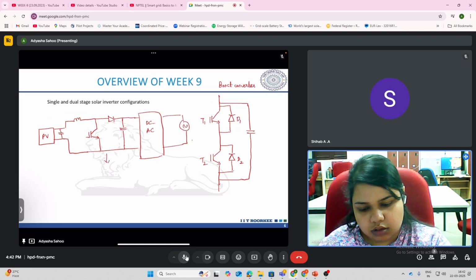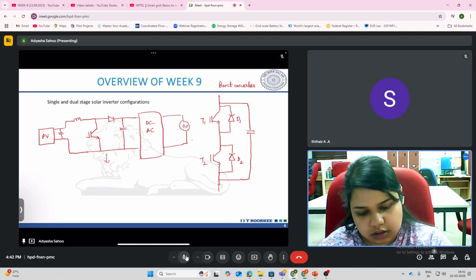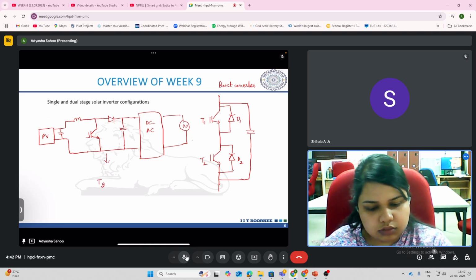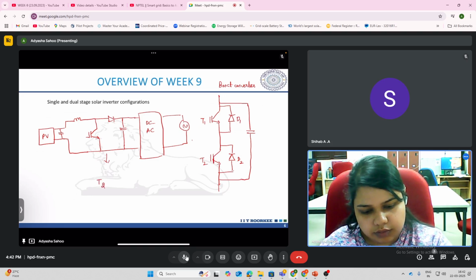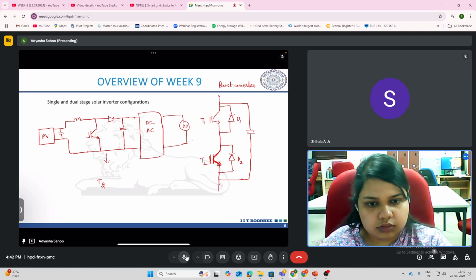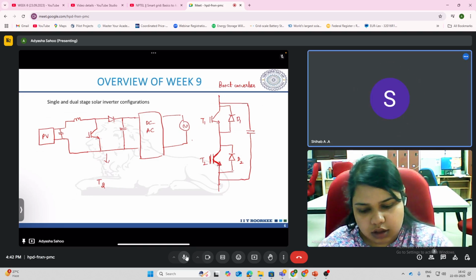If you see, this diode is in series with the switch, right? So here, if I take T2 as my switch, then which diode will be in series with T2? Yes, D1.